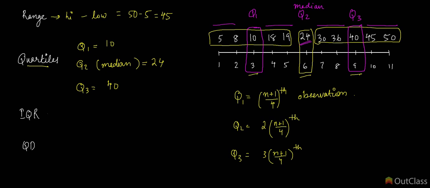The interquartile range, called IQR, is basically just the difference between Q3 and Q1, and that would be 40 minus 10, which is equal to 30. The quartile deviation is half of the difference between Q3 and Q1, so it's basically 30 by 2, which is equal to 15.